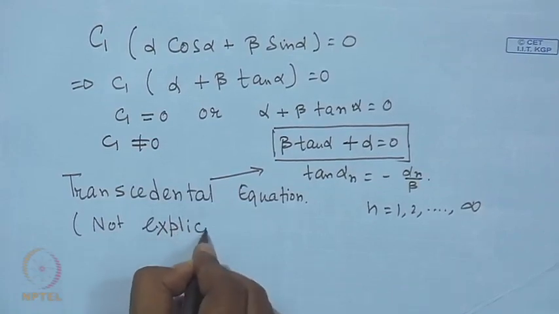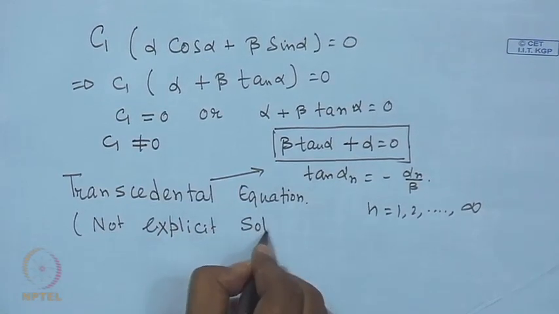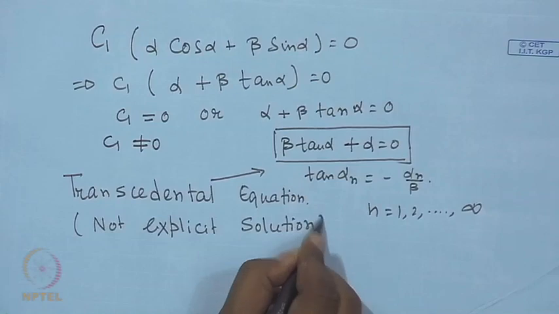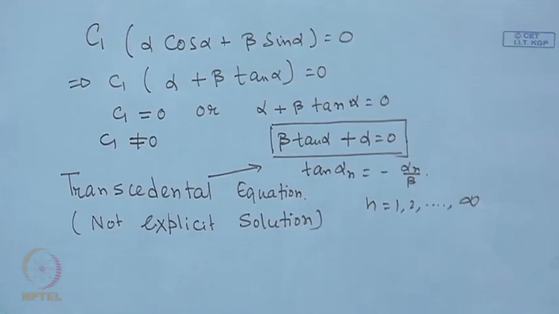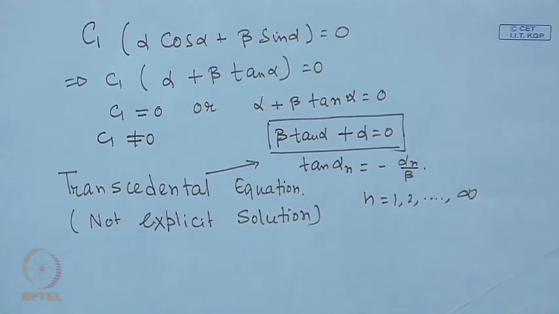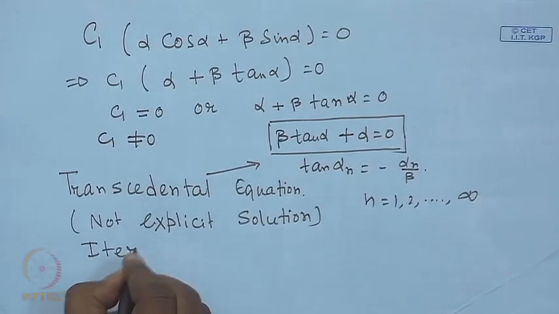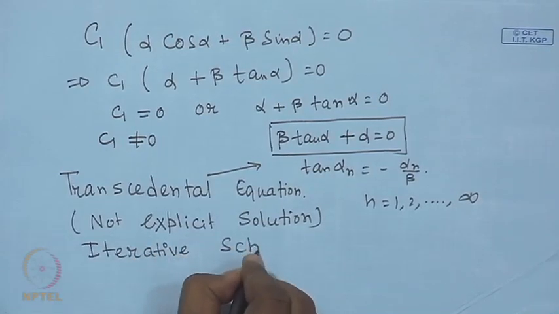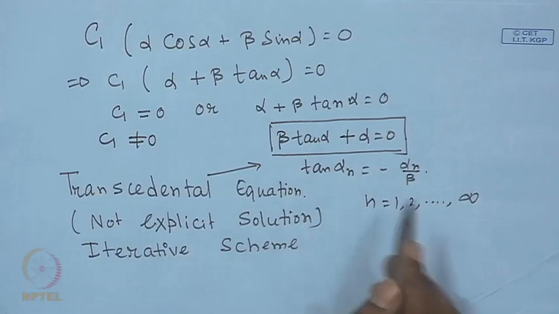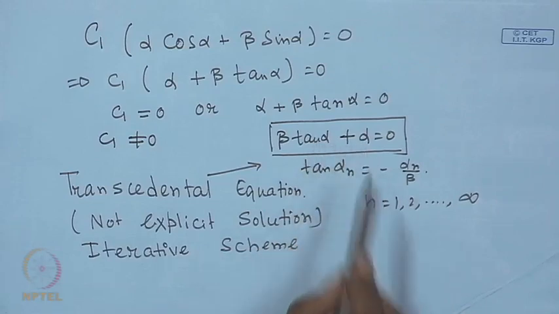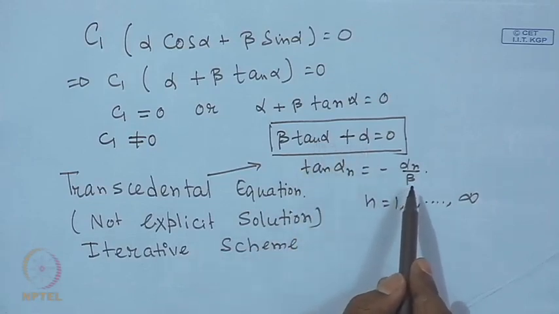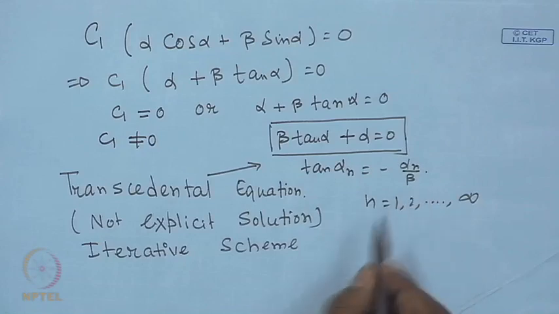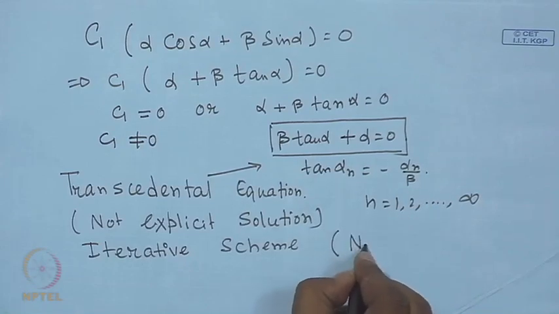So we have to solve this equation numerically, using an iterative scheme. For the solution of tan alpha n equals minus alpha n by beta, we can use a Newton-Raphson algorithm.